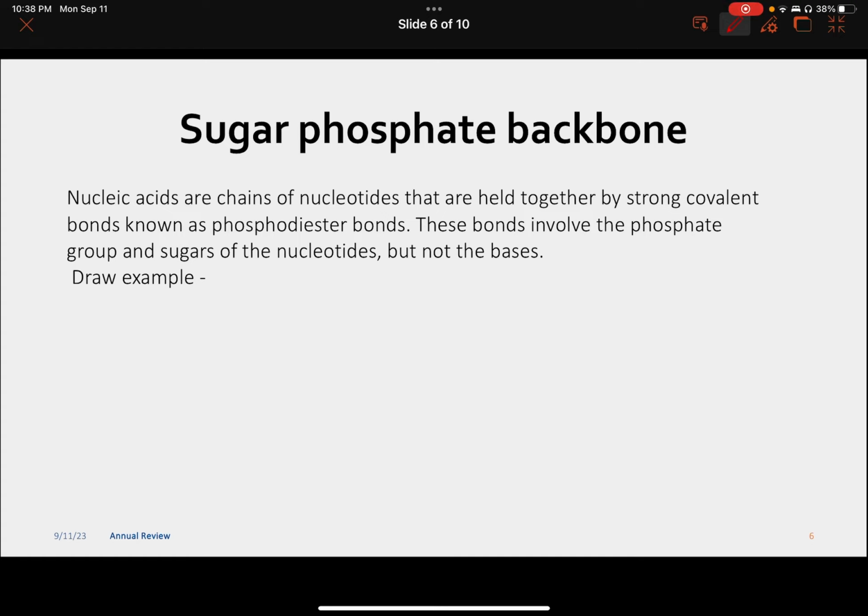So now let's go on to the sugar phosphate backbone. Here we're going to look at the nucleic acid and the chain of nucleotides that are held together by strong covalent bonds. Please make note of strong covalent bonds, known as phosphodiesters.